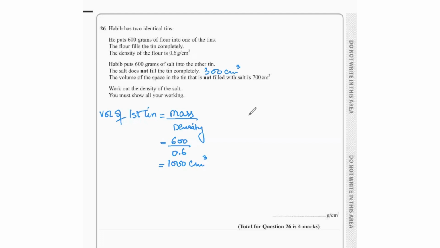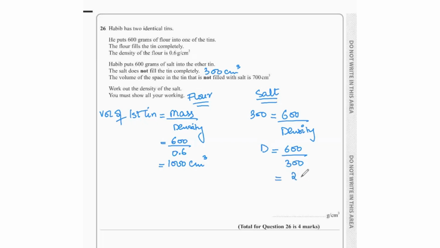So volume, 300, equals mass, which is 600, divided by density. This is for salt. This was flour. So density would be 600 divided by 300, and that is 2 grams per centimeter cube. That's your answer.